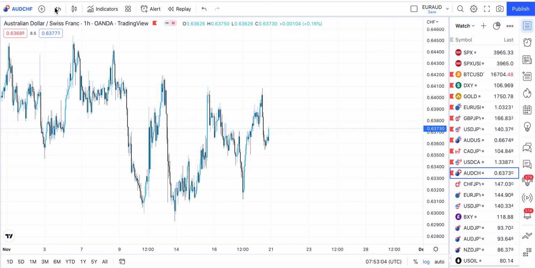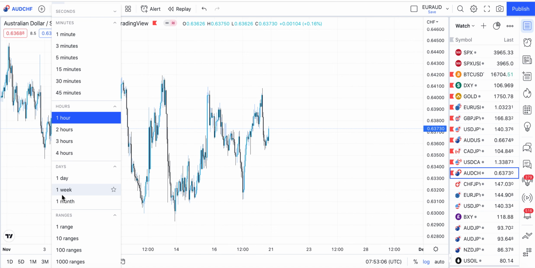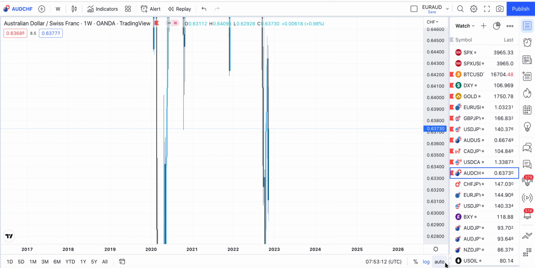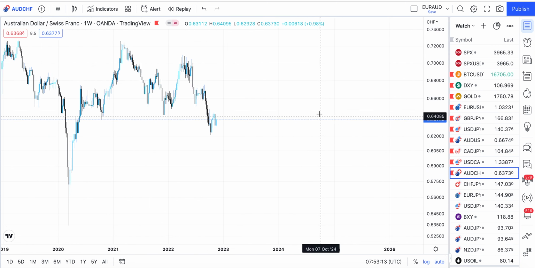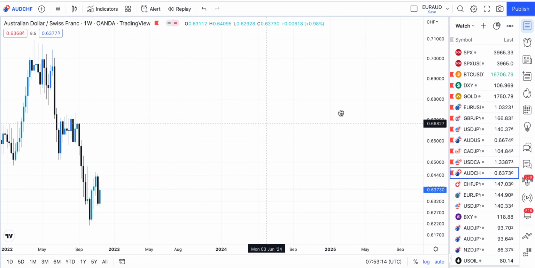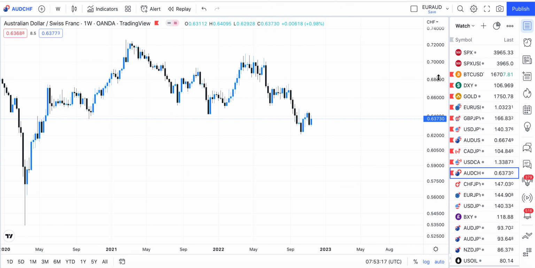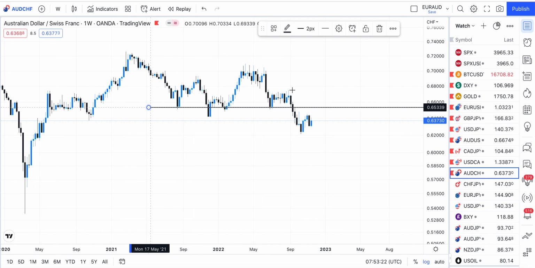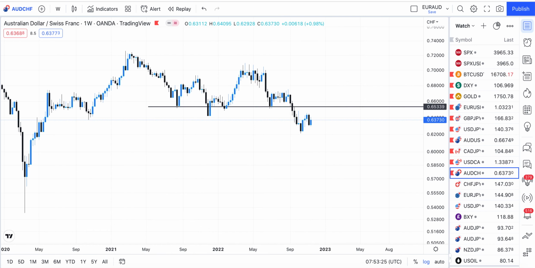Let's remove this drawing and start this one afresh. Let's go to the weekly time frame. As you can see, the whole scenario still looks bearish to me at this particular area.